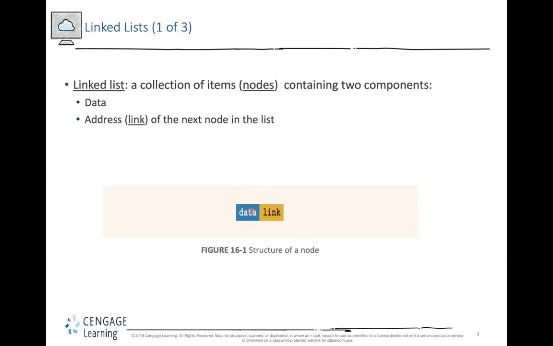This is just data we'll carry around, which I call the satellite data. And then you may have a link. This is talking about a singly linked list. You may have a single link that points to the next node. If you have a doubly linked list, you're going to have two links. One goes to the next, one goes to the previous one.